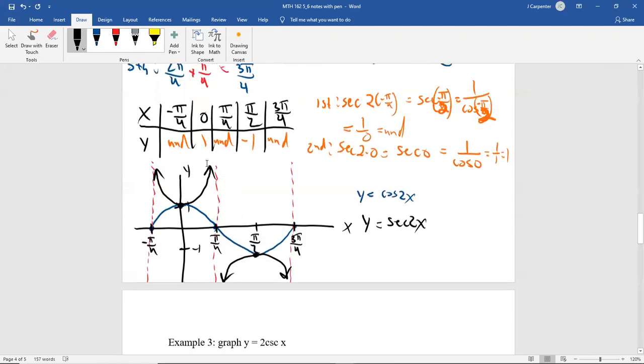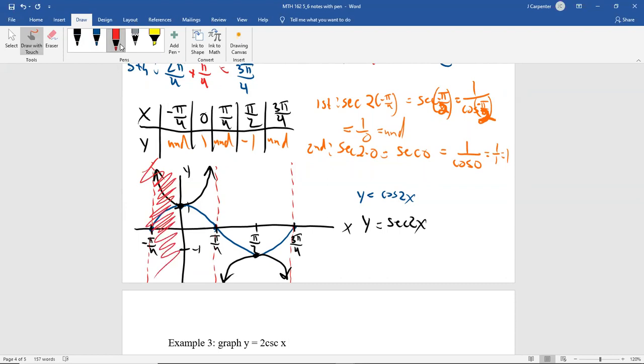Now, the cool thing is, if you remember what these images are supposed to look like, if you tried to do this previous one from 0 up to pi, you wouldn't have drawn this segment, and instead you would have finished the wave here, which meant you would have had your actual secant function look like that.